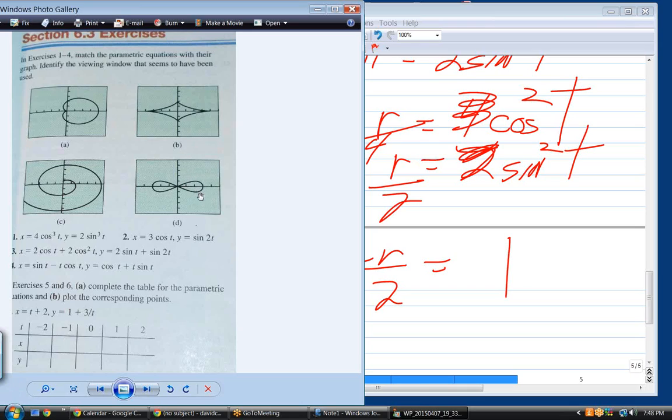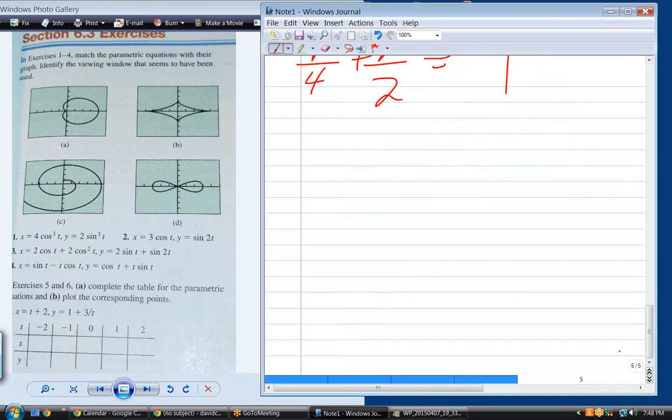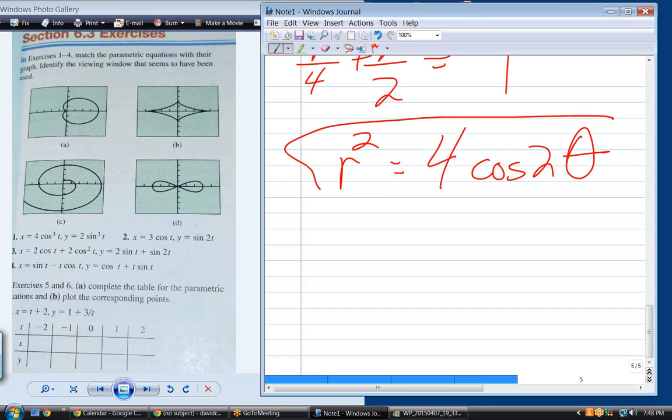D is called a lemniscate curve, lemniscate. This one right here is a lemniscate, and the equation for that is r squared equals 4 cosine of 2 theta. In other words, if we can come up with this, it's this function right here.